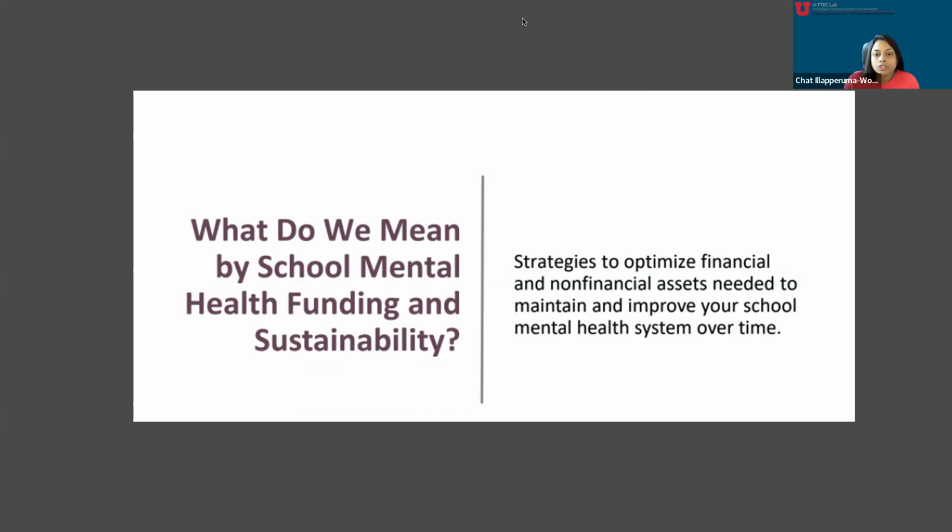School mental health funding and sustainability refers to the strategies to optimize financial and non-financial assets that are needed to maintain and improve your school mental health system over time. Let's break this definition into two parts and look at each individual meaning.